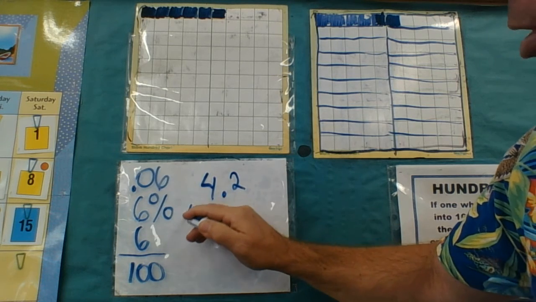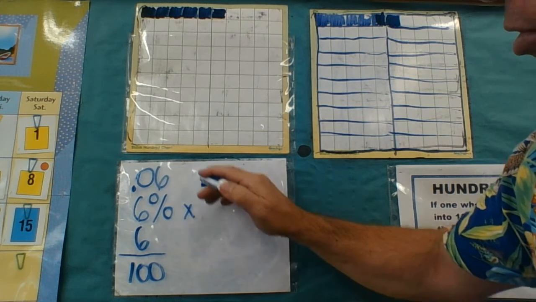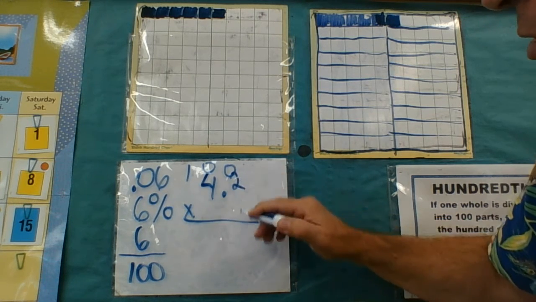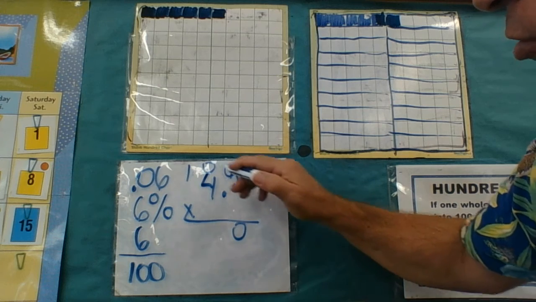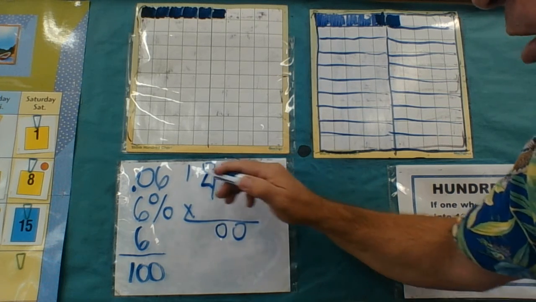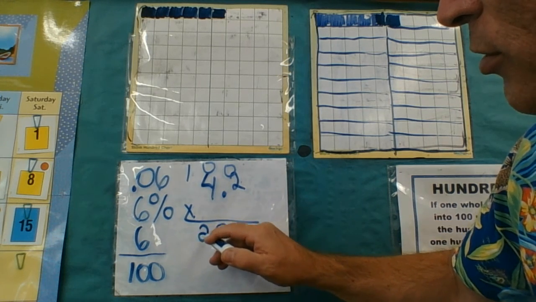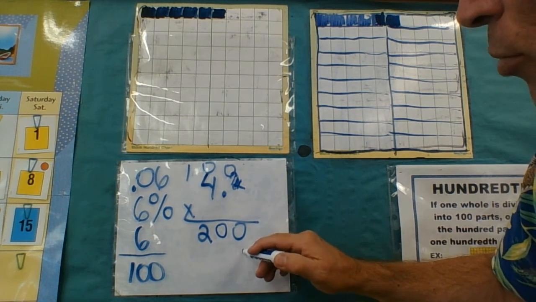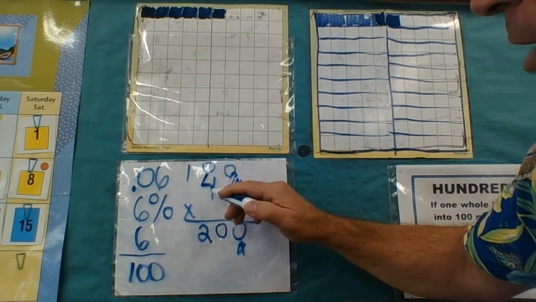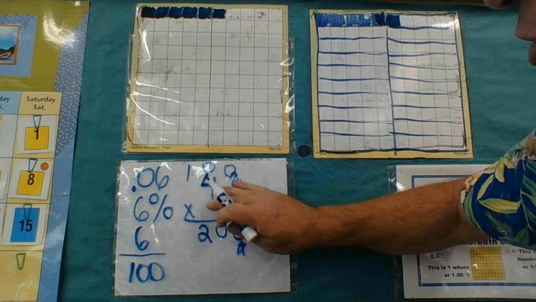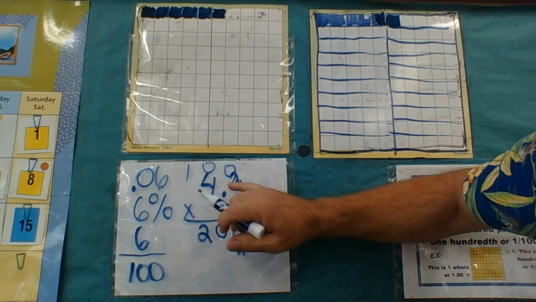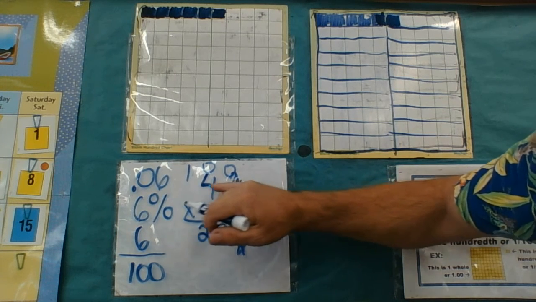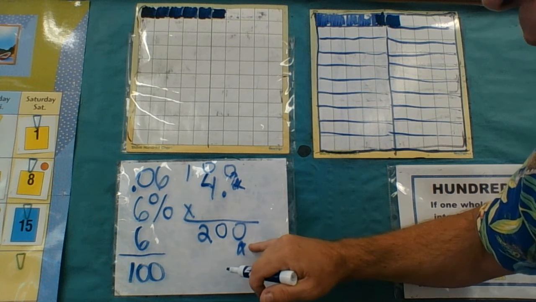I will do 4.2, and I'm going to multiply it times 100. 2 times 0 is 0, 2 times 0 is 0, and 2 times 1 is 2. And then I'm going to put my placeholder, because I'm not multiplying by 40, because we're ignoring the decimal point right here when we're multiplying. I'm not multiplying by 4, I'm multiplying by 40. So in order to make sure I'm multiplying by 40, I put my placeholder.